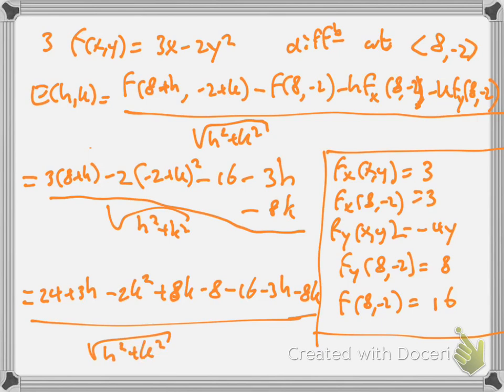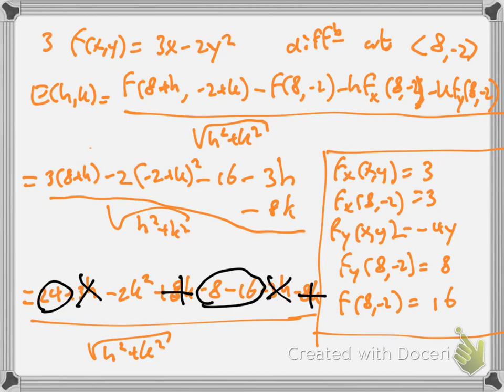Just using some algebra. Okay, well that's convenient because a lot of things cancel. We have 24 here, we have minus 8 minus 16, that cancels. Then we have plus 3h and we have minus 3h, that cancels. And we have an 8k and a minus 8k, all of that cancels. So all that survives is the minus 2k squared.